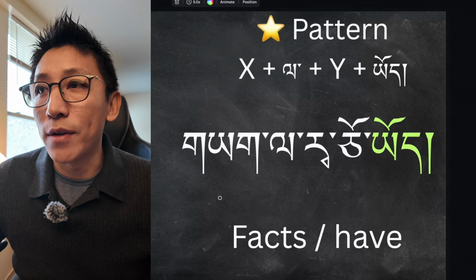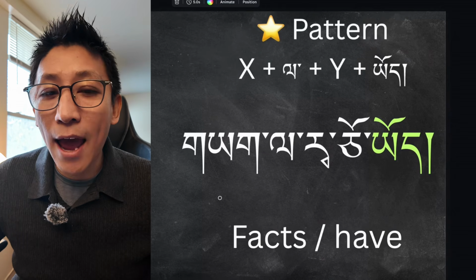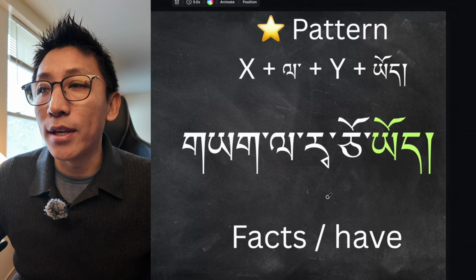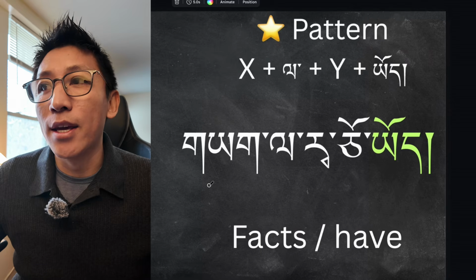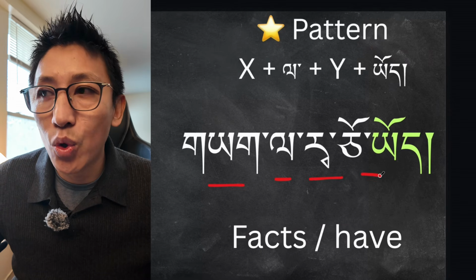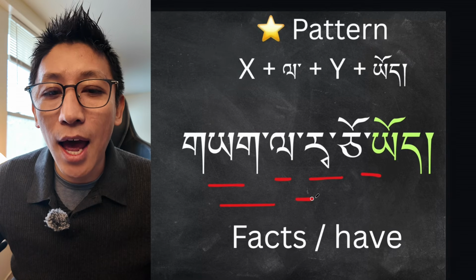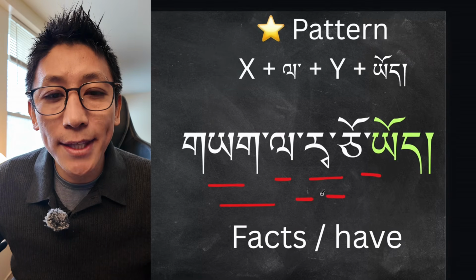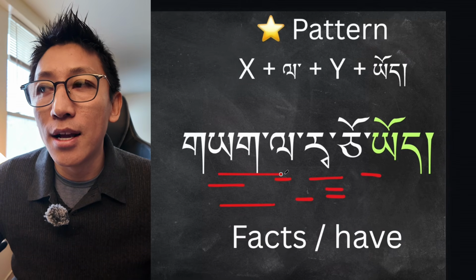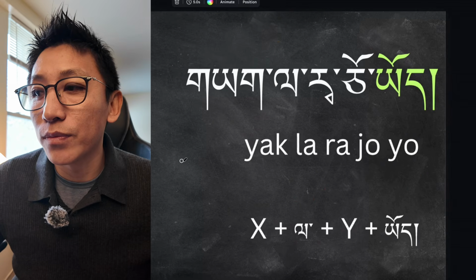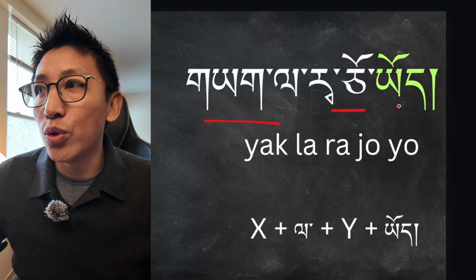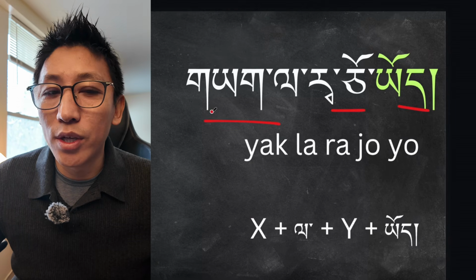So right now we use it in facts, something doesn't have, or something has something. So we say X has Y. You can say "yak la raju yu". Now it's your turn.